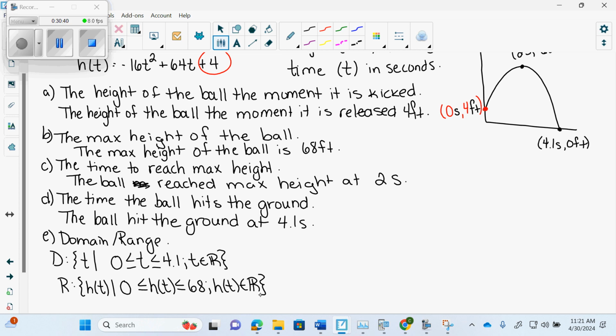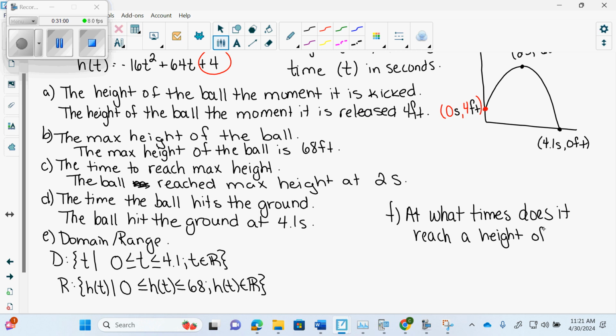Okay, then I told you there's 2 other questions I can ask you. Okay, at what times does it reach a height of 40 feet? And then G, what is the height at 3 seconds?